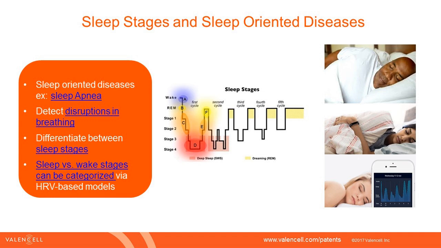Then also you can determine sleep versus wake stages and categorize those. Okay, am I up or am I really sleeping? There's a paper by Lewicki et al. that explains how to do that with heart rate sensors. So I put that link here. All of these use just the heart rate information in order to generate these assessments. And as long as you have an accurate heart rate monitor and you're confident in the data that comes out, you can do this.